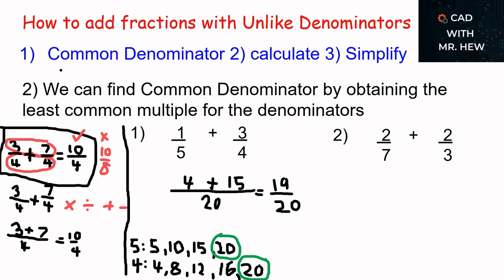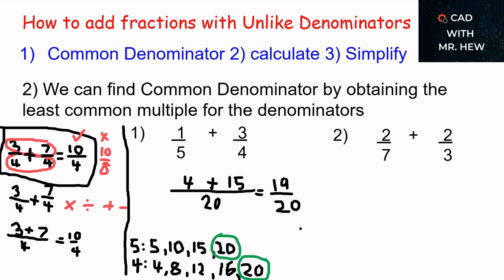So we have done step 1, which is the common denominator, which is 20. We have done step 2, which is to calculate the calculation that I showed you. And step 3 now, it is common practice in math to simplify our fractional answer.